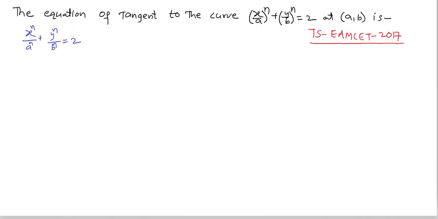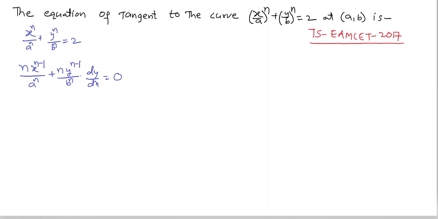Take the derivative of this curve, that means differentiation with respect to x, that is n into x to the power of n minus 1 by a to the power of n plus n into y to the power of n minus 1 by b to the power of n into dy by dx equal to the derivative of 2, which is 0. So n is common and cancels.